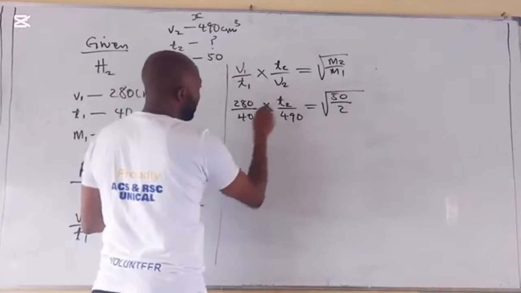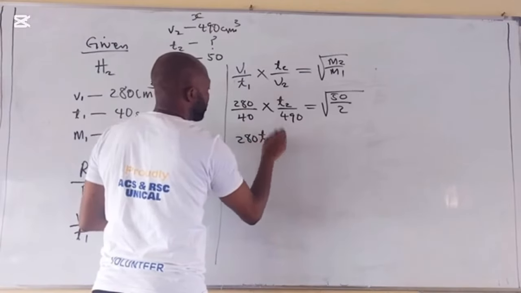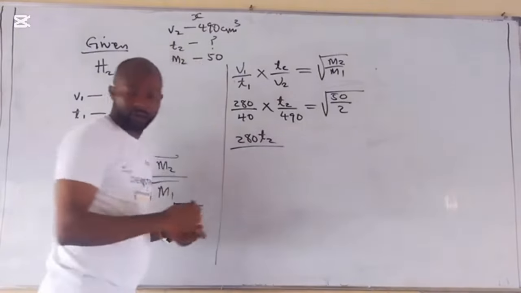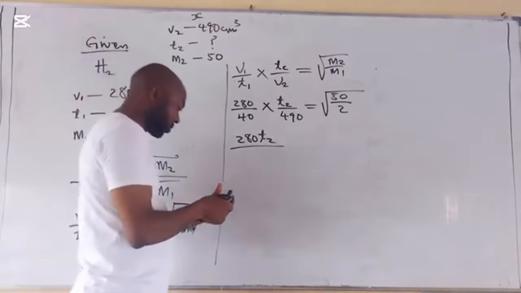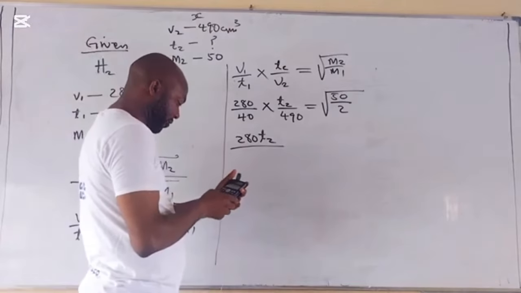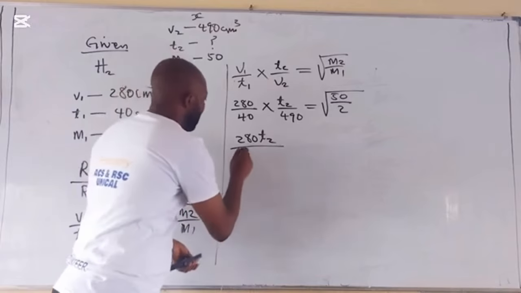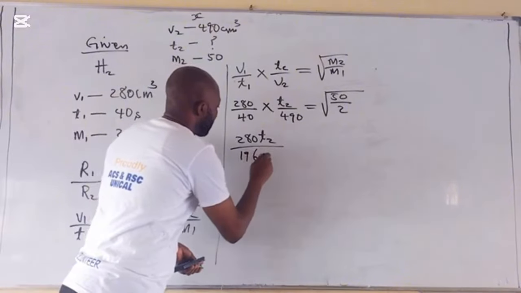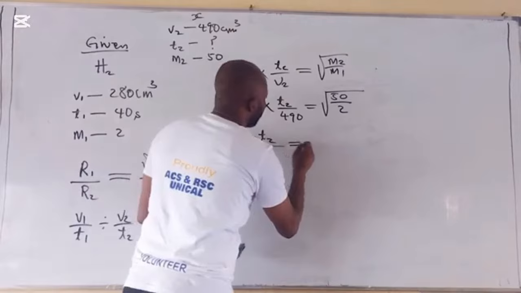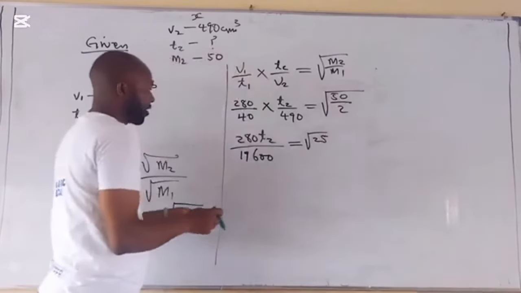So 280 times this, I have 280 T2 over 40 times 490. 40 times 490 is 19,600. This is equal to the root of 25, because 50 divided by 2 gives me 25.